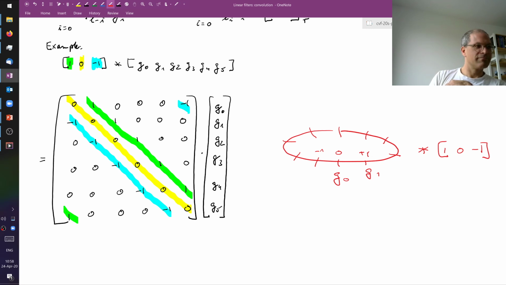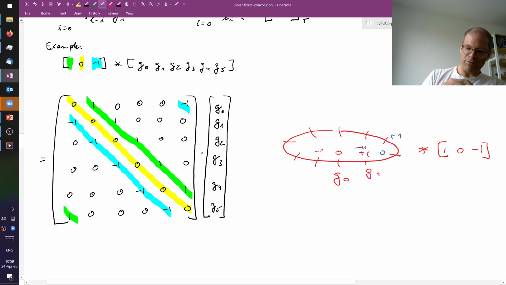And that is exactly the first row of this matrix. What I've shown here was the first row of the matrix. If I shift a little bit, in a different color, I do the -1 here and the 0 there and the +1 there.